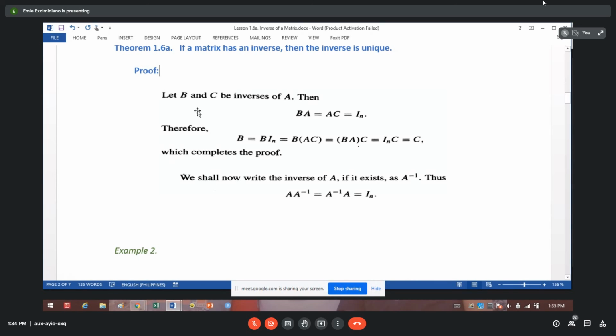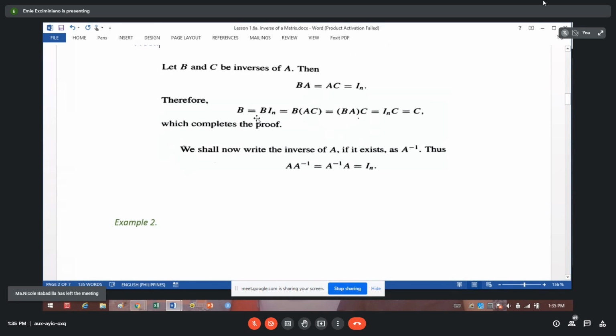Okay, so let's say B and C are inverses of A, then BA equals AC. Kasi sabi, inverse naman ng A yung B, pag minultiply mo siya sa A, ganun din yung C sa A, you'll get an identity matrix.